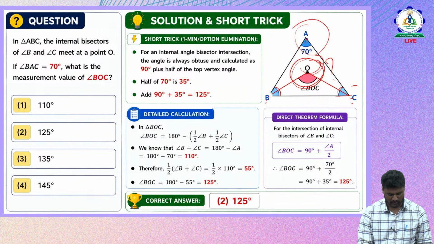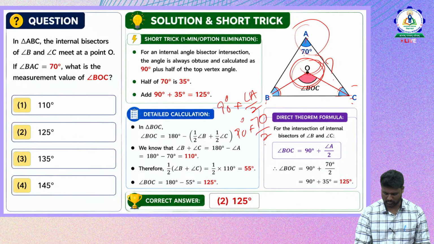If we solve BOC, we directly apply the formula: 90 degrees plus the opposite angle A by 2. What is the value of angle A? 70 degrees. So 90 degrees plus 35, we get 125 degrees.